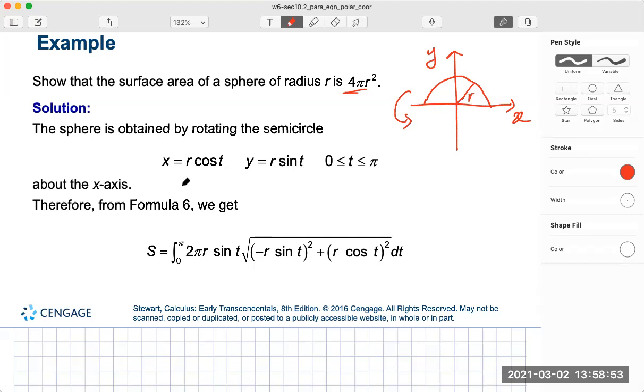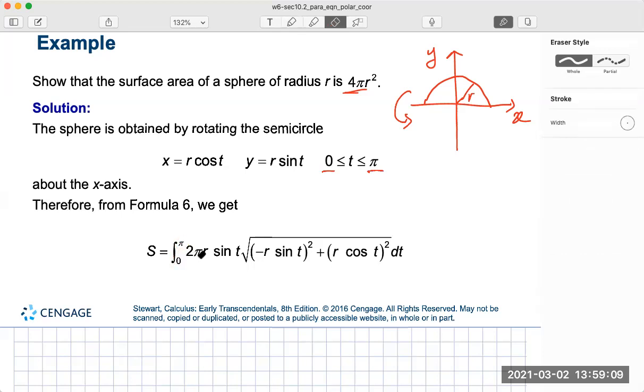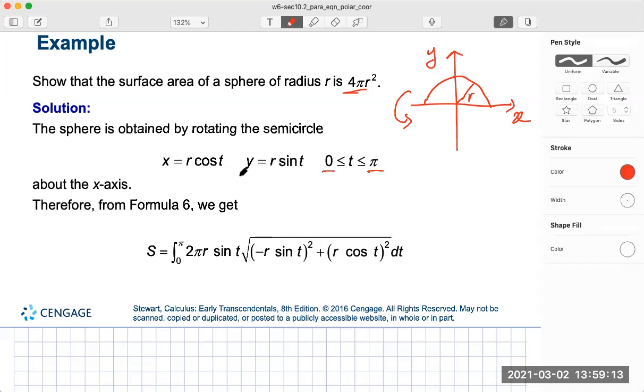So, since we have this, we can use formula 6. S will be the integral from 0 to pi of 2 pi r, and y will be r sine t. That is why we have this guy right here. And the square root of dx over dt squared.